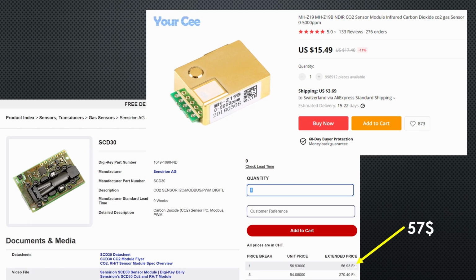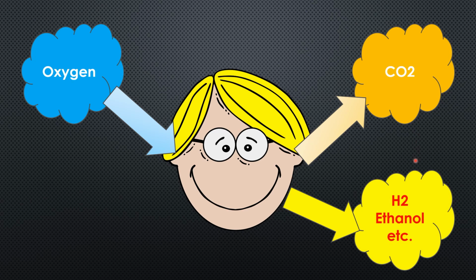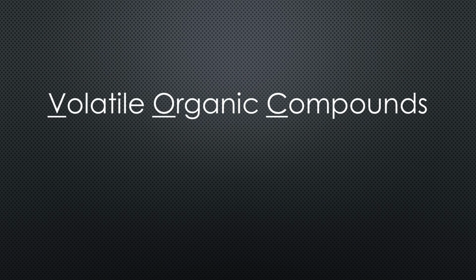That's why a secondary indicator is used for the same purpose: transpiration of humans. Humans do not only exhale CO2 while sweating, we also create H2, ethanol, and other gases in small quantities. They are part of volatile organic compounds, short VOCs.